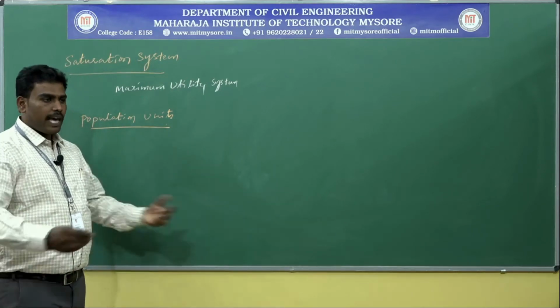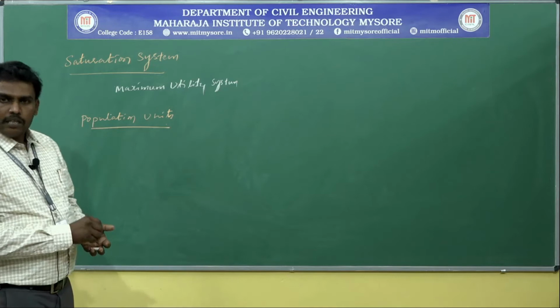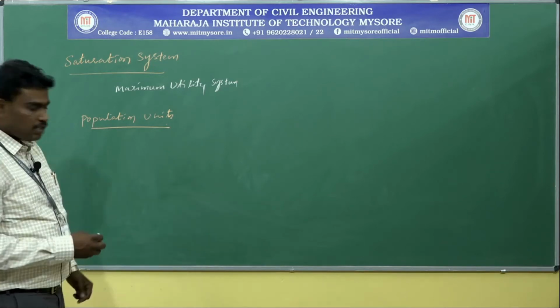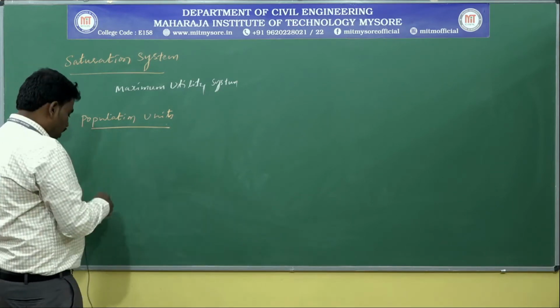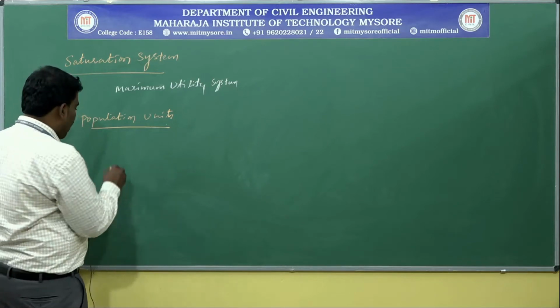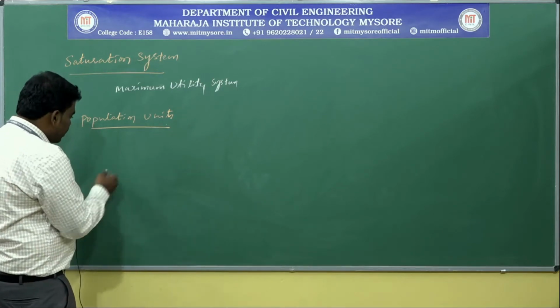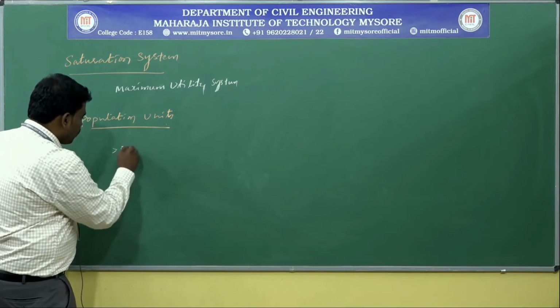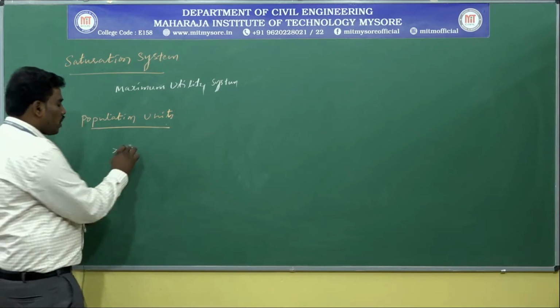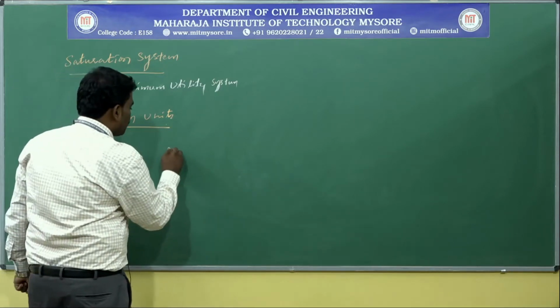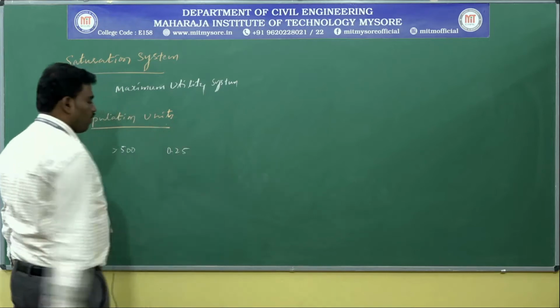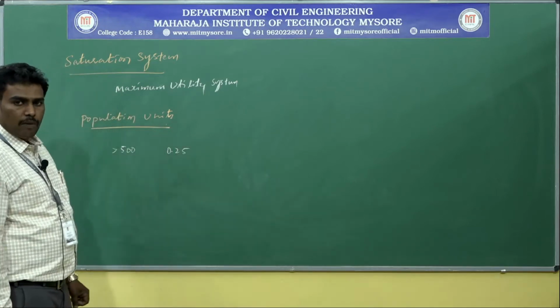So, we can take some examples for the population ranges. See here, if the towns or villages have a population less than 500, for that you are going to assign the population unit of 0.25. It is an arbitrary unit of 0.25.